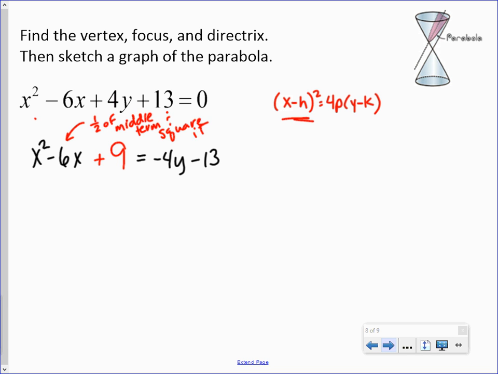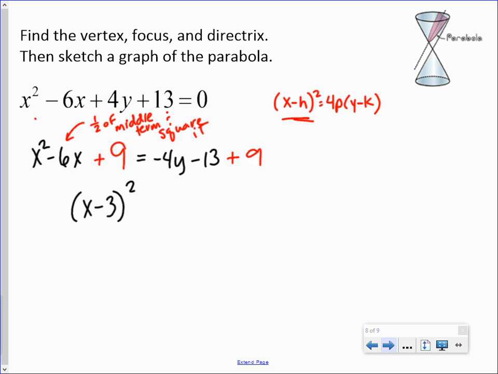But yeah, you're looking for something that will factor so that it has the same two factors. Okay. So if I add 9 on that side, then I need to add 9 on the other side. This left side would be (x minus 3) times (x minus 3). That's what Nick's talking about. They add to negative 6, but they multiply to make 9. So that's (x minus 3) squared.